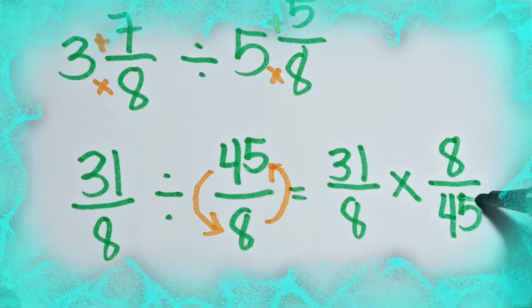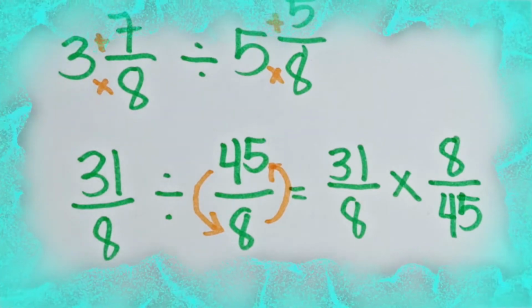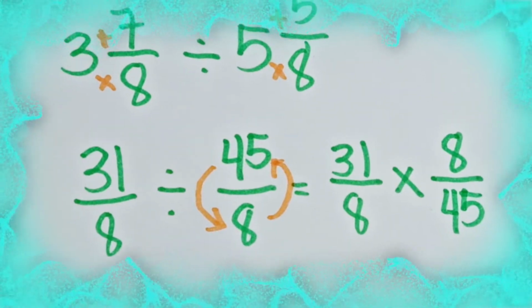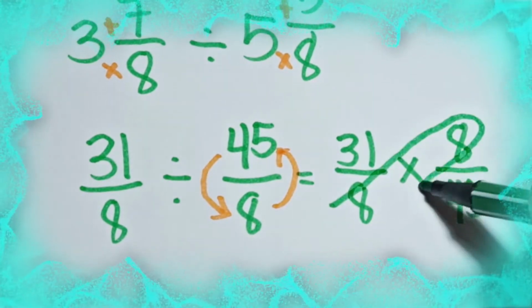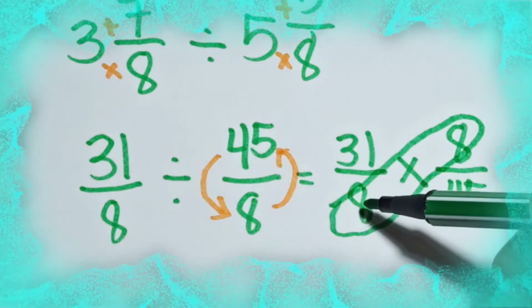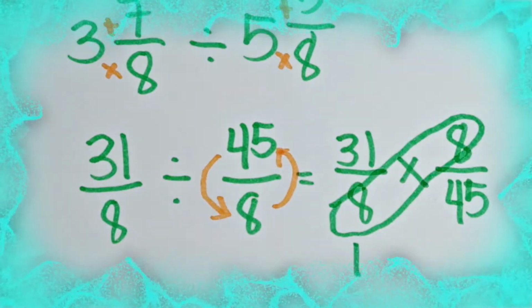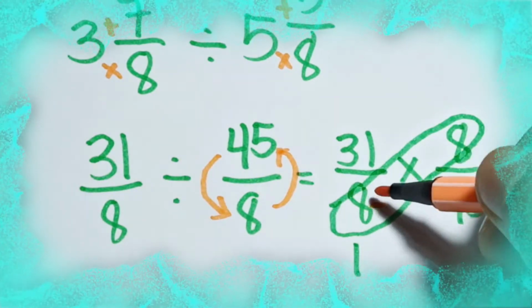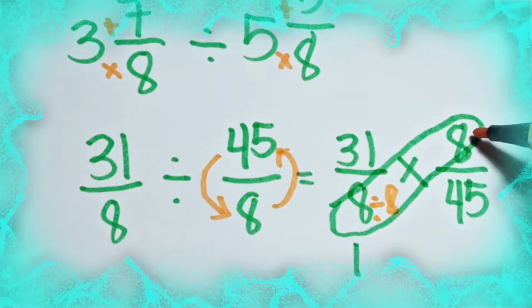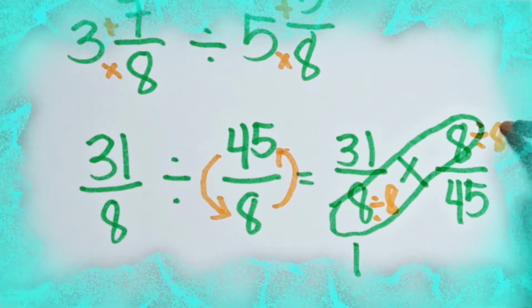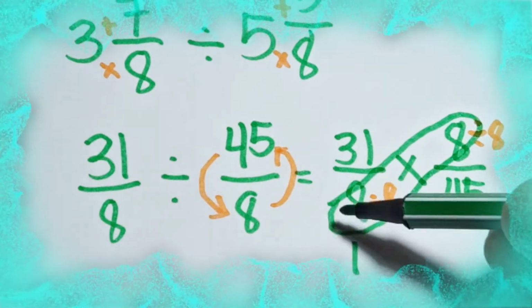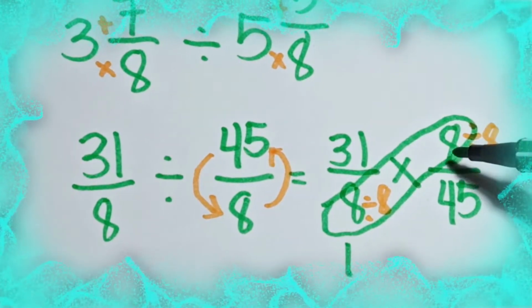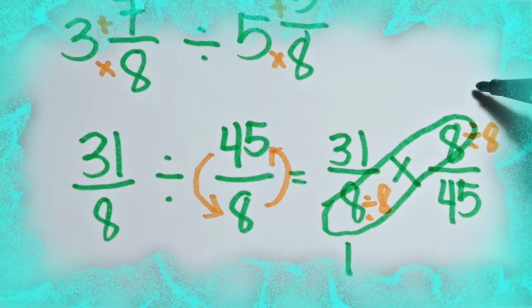So it will become 8/45. Now as you can see, 8 and 8 can be divided by 8. 8 divided by 8 is 1, and 8 divided by 8 is also 1.